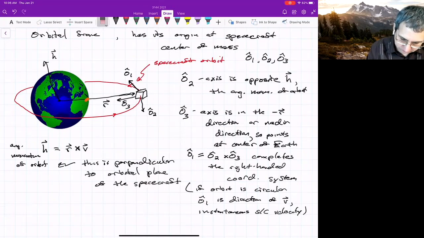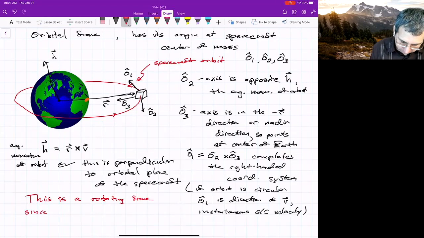This is a rotating frame, since all directions change, well, I guess except for O2.